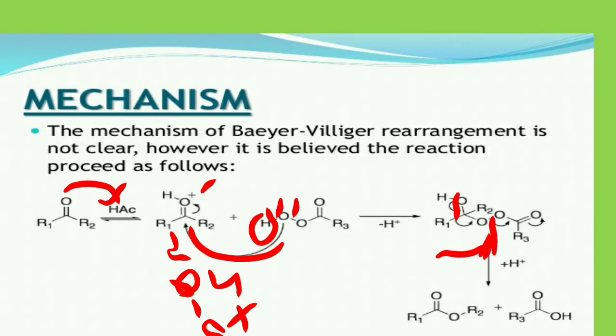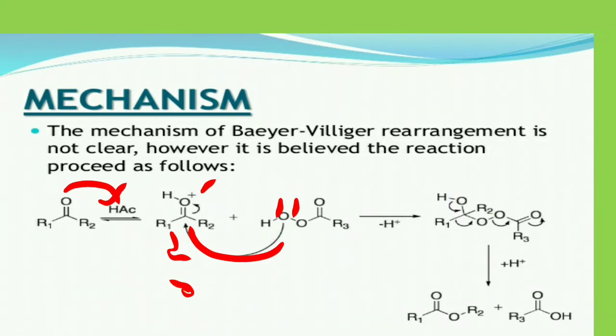The oxygen bond is going to break, and there is a formation of this type of product, that is R1 C double bond O R2, which is an ester, plus the remaining compound, R3 C double bond O with O minus. Here H plus is attached, and there is a formation of an OH compound, the acid, and the ester. This is the mechanism of this reaction.